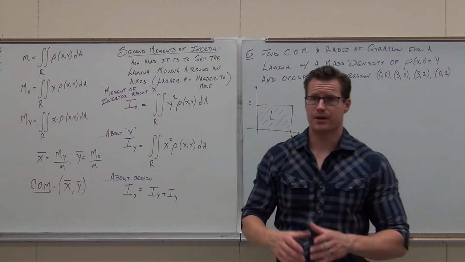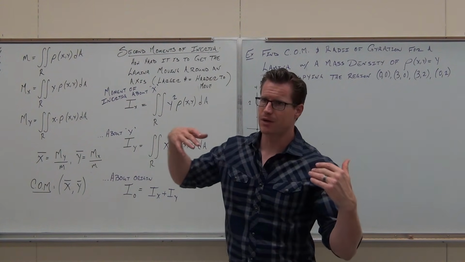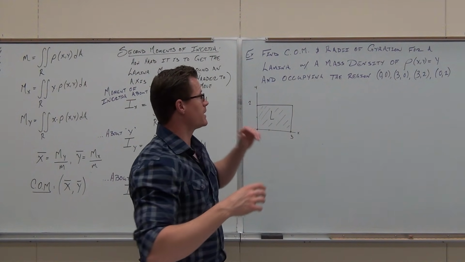That right there is the thing that I want to try to find all this stuff about. The center of mass of that lamina, and the radii of gyration of that lamina.